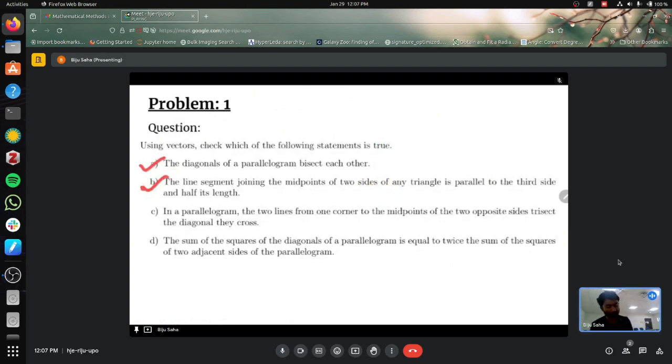In both cases, again we have a parallelogram. So again, choose a suitable basis, two vectors that would define your plane. In this case, you can choose these two as your basis vectors that will define the plane, and express every other vector that is needed in this problem.